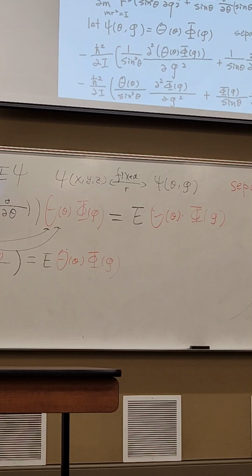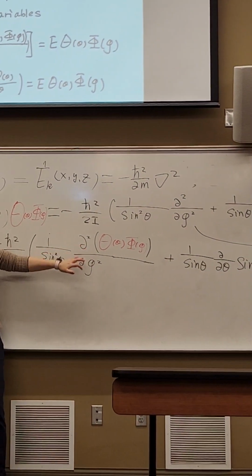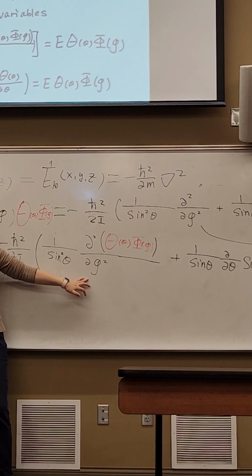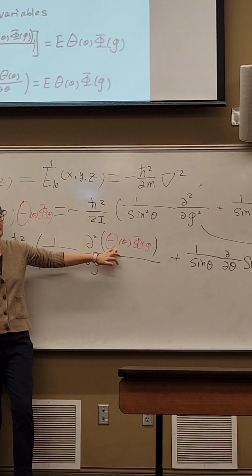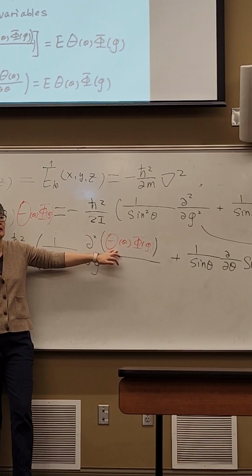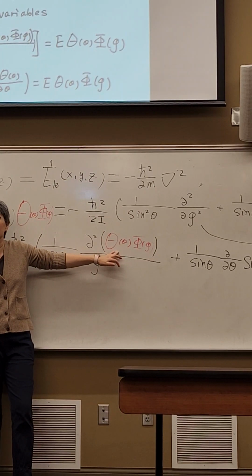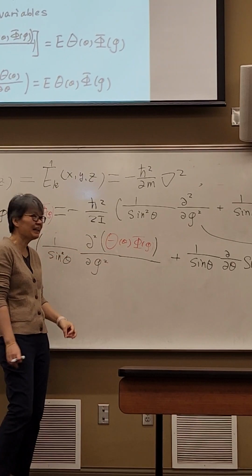Alright, now, what do you guys think about this part? This is the second order derivative with respect to the variable phi. Now, what do you guys think about the function of theta, related to the theta angle? It will be treated as a constant. Would that be treated as a constant, guys? Yes, very good.